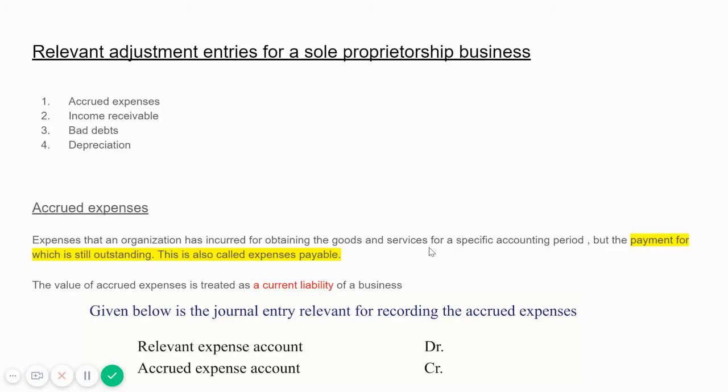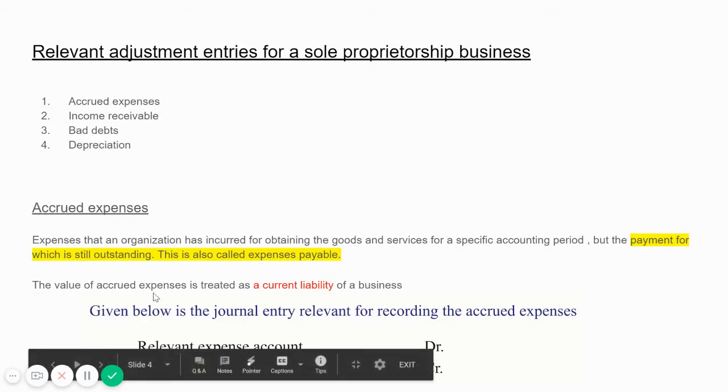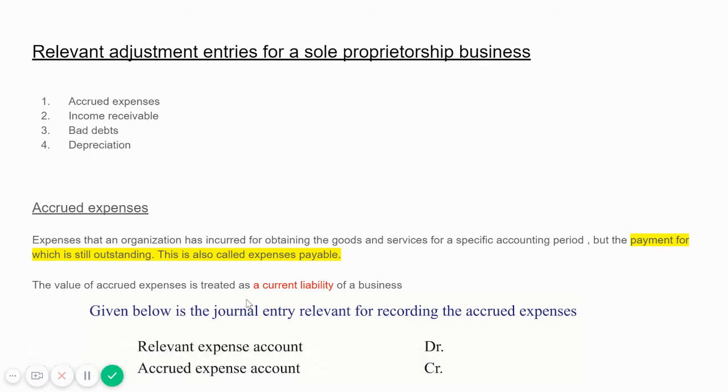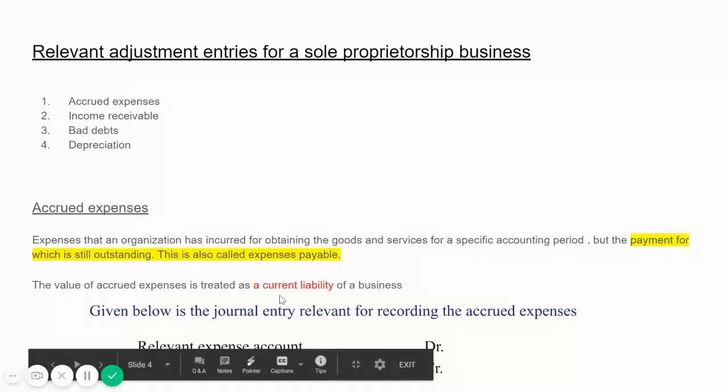Okay. Then the value of accrued expenses is treated as a current liability of a business. The amount which is accrued, which has not been paid by the business, will be treated as a current liability. Right.